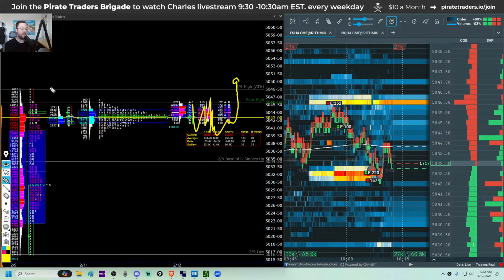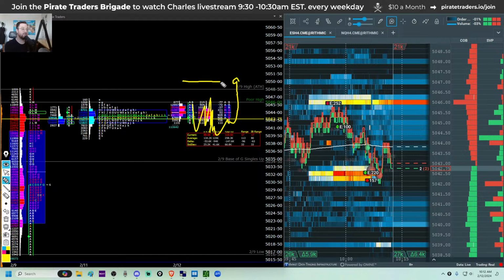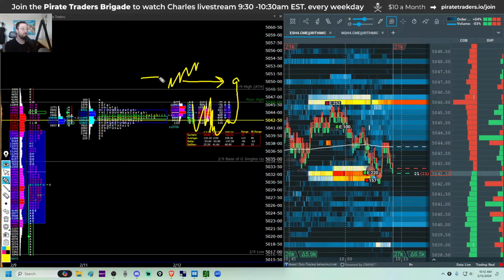My edge as a trader is not looking at any tool. My edge is looking at the market profile and asking myself, what is happening once we get up there? Are we spending time? Are we bringing in volume? If the answer is yes, it's likely to keep going higher. If the answer is no, it's likely to pull back.